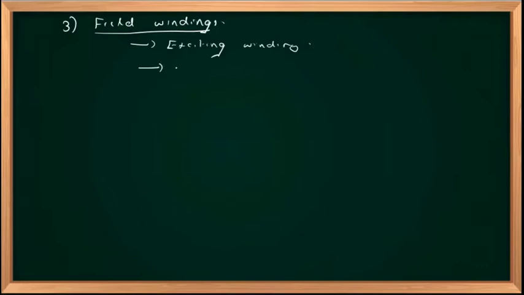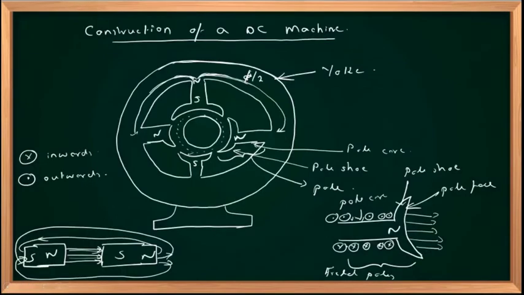And the current you are applying to this field winding should be DC. This dot sign shows the current is going outwards, and the cross sign shows the current is going inside. That means this current is continuously flowing around this pole core.